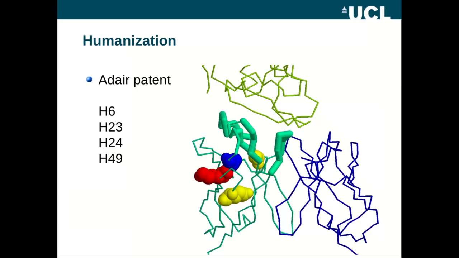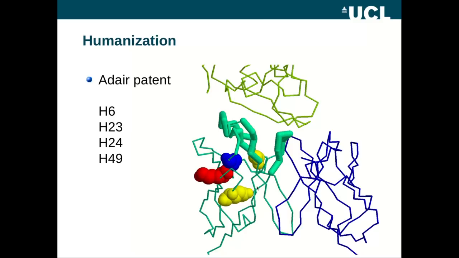And of course, this is commercially hugely interesting. There are a number of patents now related to how to find which residues you should change. So, for example, the Adair patent, Adair is the name of the inventor, specifies these 4 particular positions in the heavy chain.